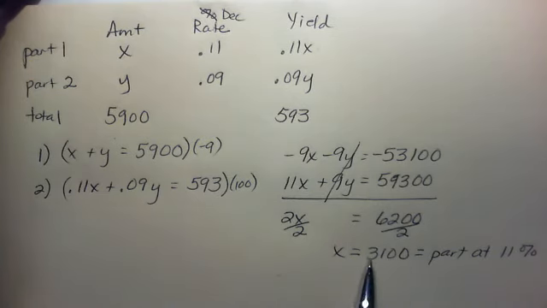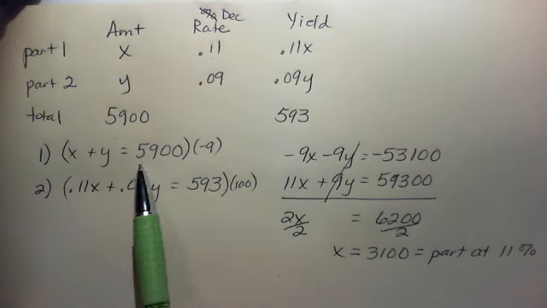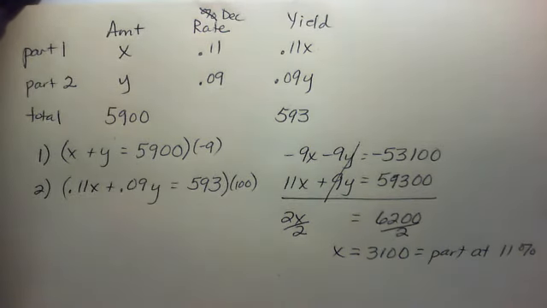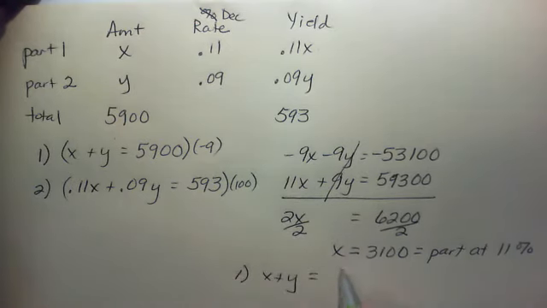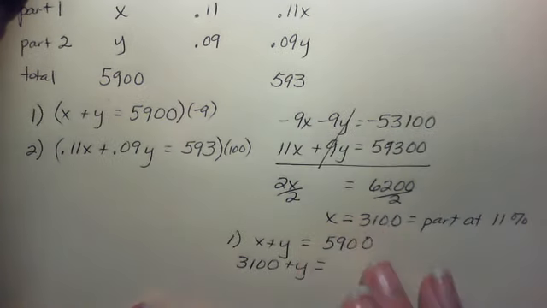Now what can we do? We can take the x value back to the easiest looking equation, which I believe is equation 1. So let's rewrite equation 1. X plus y is equal to 5,900. And let's substitute 3,100 for x. 3,100 plus y is equal to 5,900.